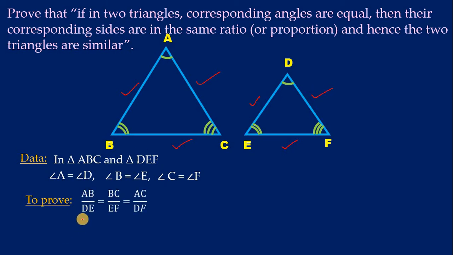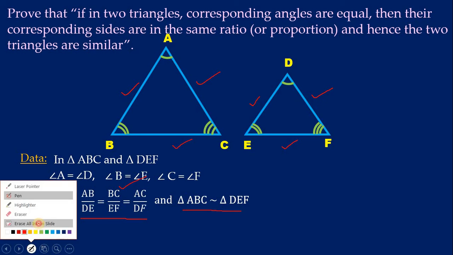Hence, AB by DE equals BC by EF and AC by DF. This is the first thing we have to prove. And the second thing is, we have to show triangles are similar. Children, in the examination, you can write any one. For that, you will get the mark.